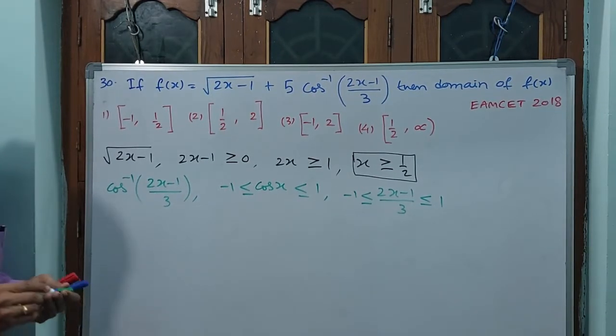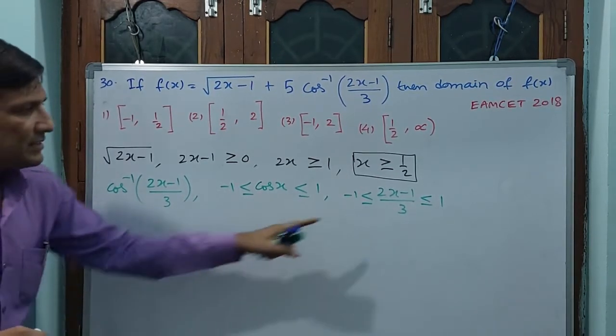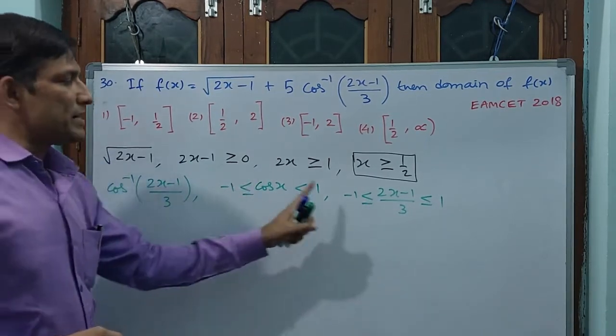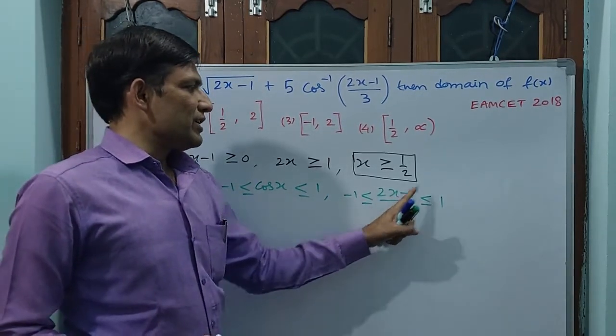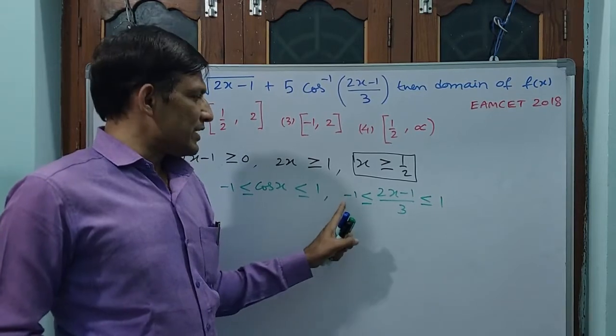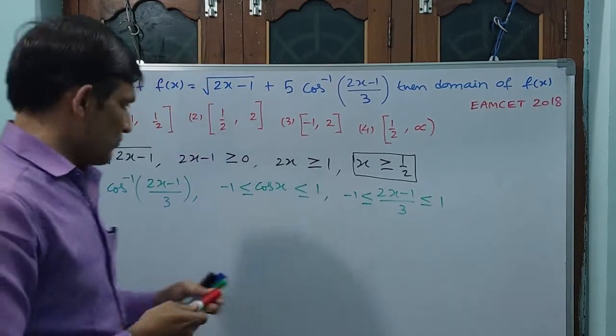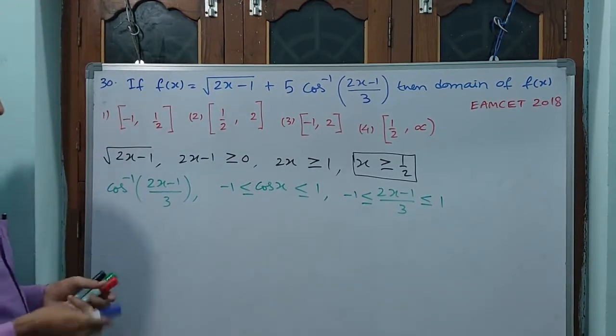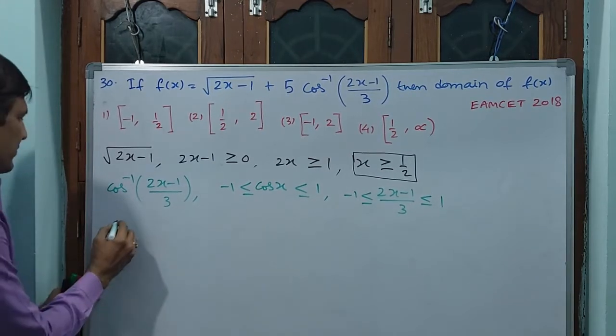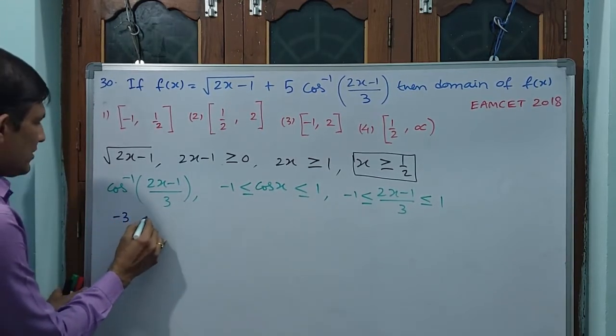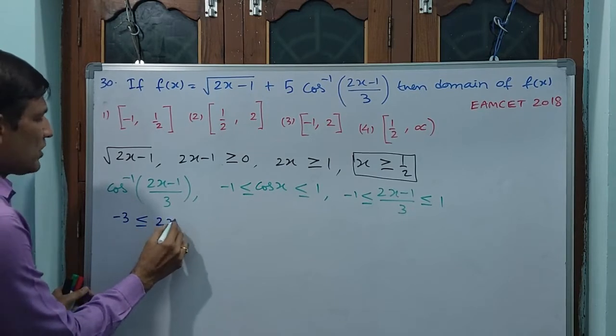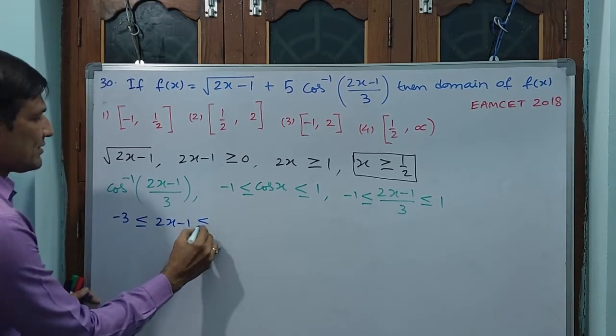Now I want to cancel this 3 in the denominator first. That means you multiply by 3 throughout. Then 3 is going to cancel: minus 1 into 3 gives minus 3, plus 1 into 3 gives plus 3, and (2x minus 1) by 3 into 3, the 3 gets cancelled, so 2x minus 1 will come. Write down: minus 3, then 2x minus 1, then 3.